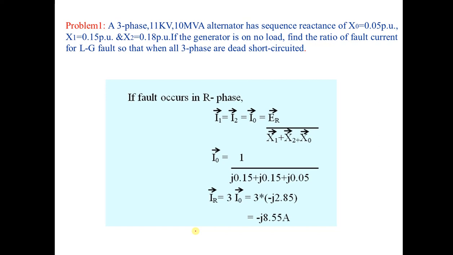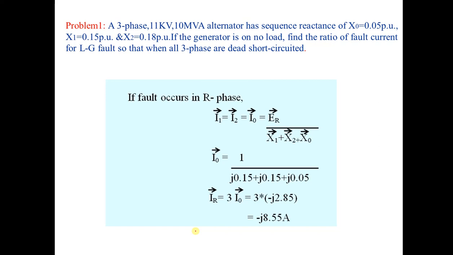Regarding this problem, a 3-phase 11 kV 10 MVA alternator has sequence reactances X0, X1, X2 of 0.05 per unit, 0.15 per unit and 0.18 per unit.